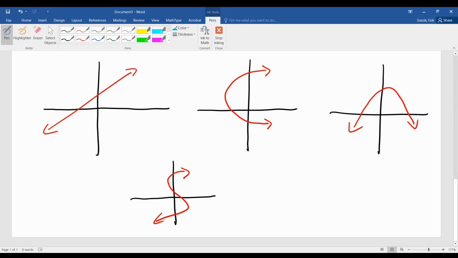So all the x values are different, you see? And it leads to something called the vertical line test. You don't need to write this down, but if I draw in any vertical line, it's going to cross the red line at most once. And if it only crosses once or even fewer, it's a function.